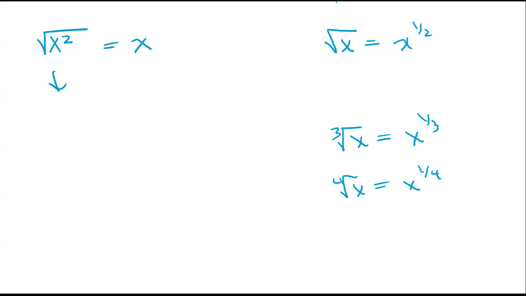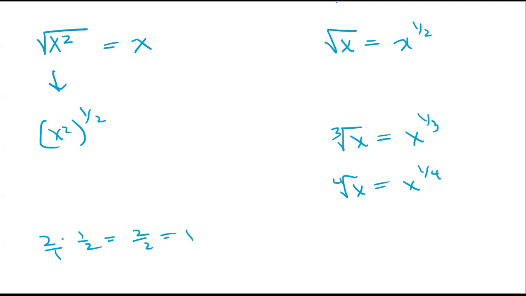So if we rewrite this, we have an x squared in the middle, and then that radical is being rewritten as to the 1/2 power. Well, remember, a power raised to a power, you multiply. So 2 times 1/2 is 2 over 2, which is equal to 1.